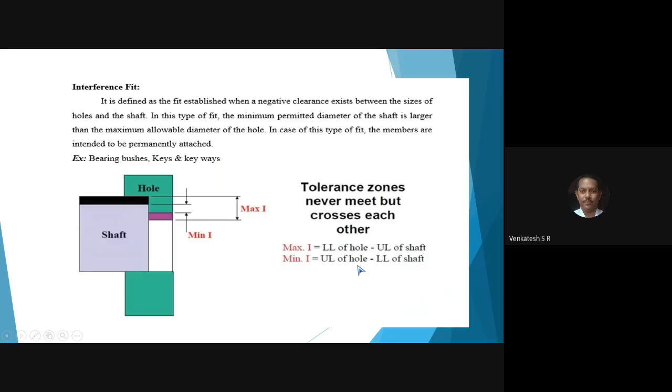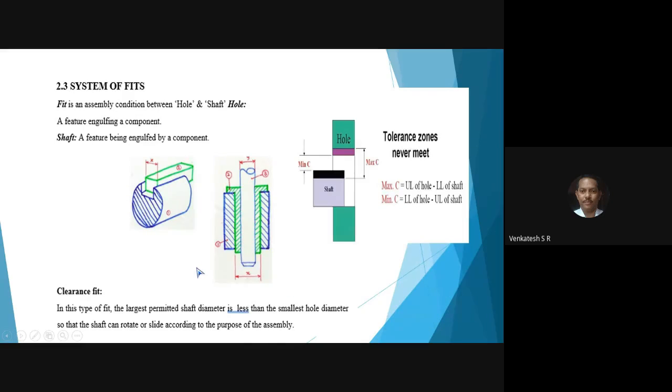That is clearance fit. The definition of the clearance fit is the diameter of the shaft which is less than the diameter of the hole. Remember, when the shaft easily moves inside the hole, it is called clearance fit.